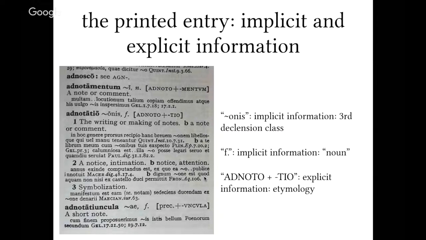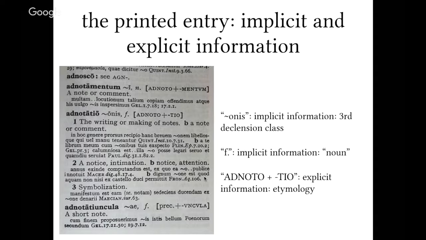It is important to keep in mind that in the printed entry, we have implicit and explicit information. I give only 3 examples. The fact that we have this -onis means at the same time not only what the genitive of the word is, but also puts the word in a certain declension paradigm. It tells that the word belongs to the 3rd declension class.